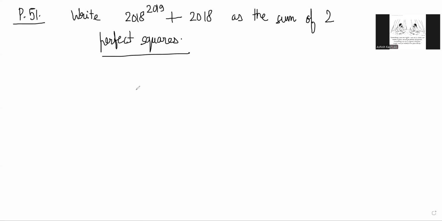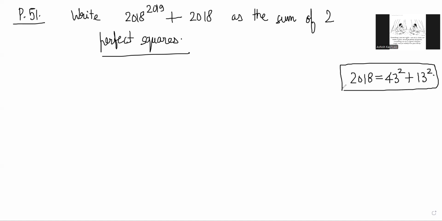You have to write it as a sum of two perfect squares. And remember, we can always use the fact that 2018 is 43 square plus 13 square. We have just found that out, so we can use that.